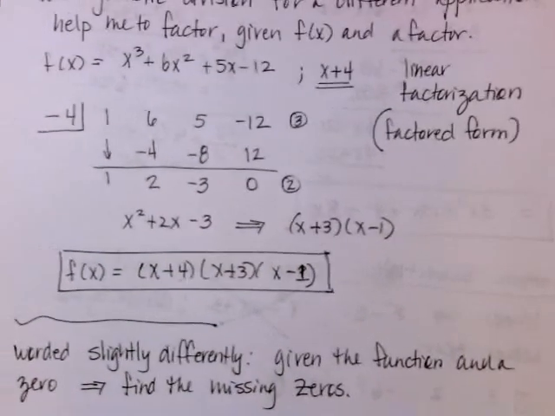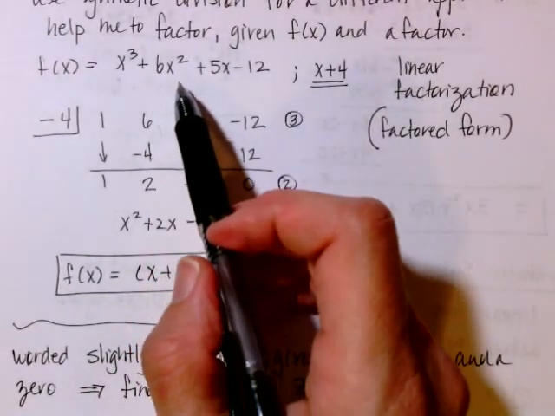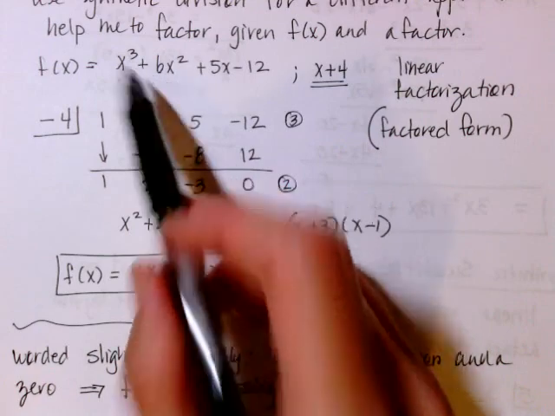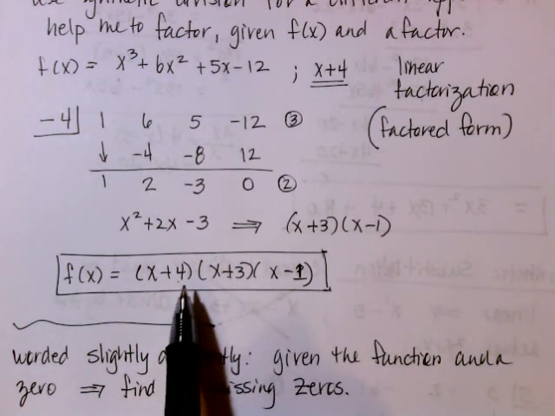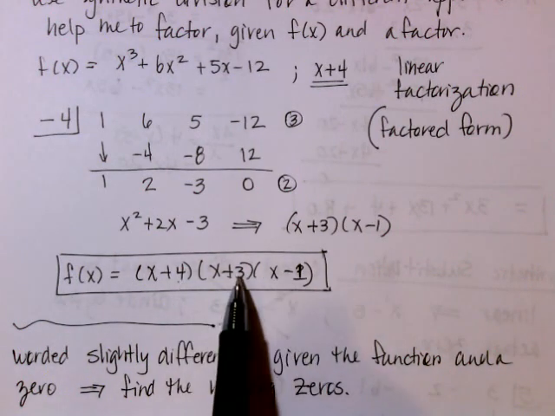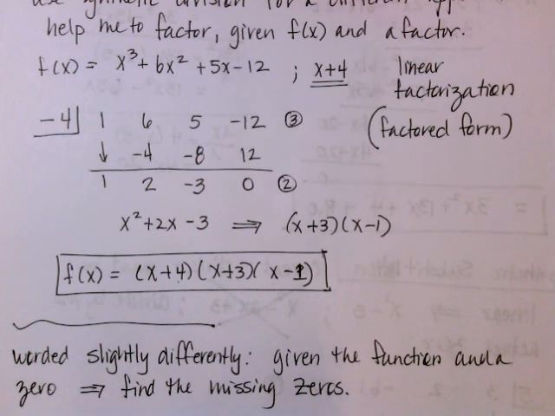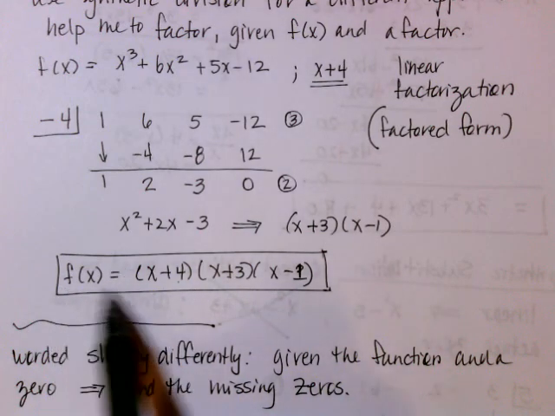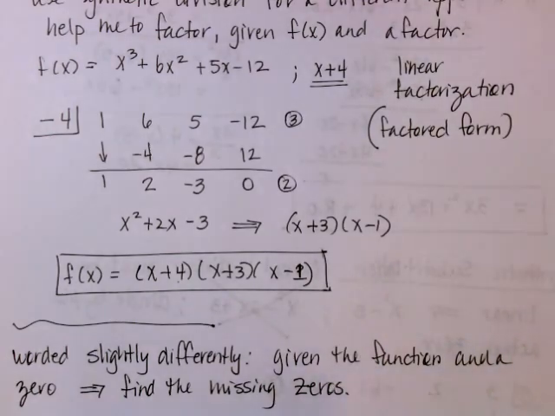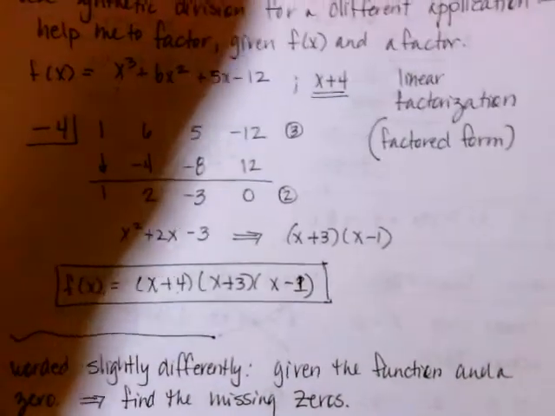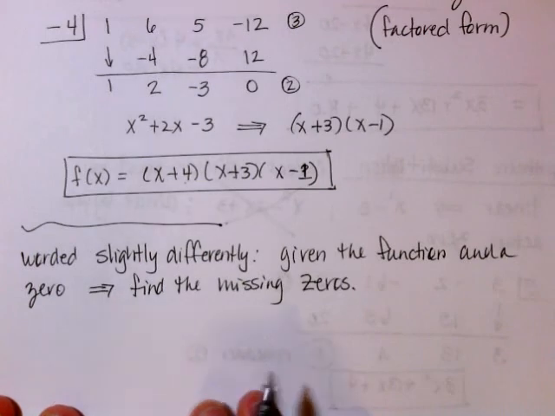If I have, let's use this previous example, a third degree polynomial, that means I have to have 3 zeros. Notice what we found in the last problem. I had a 1, a -3, and a -4. So even though we wrote the linear factorization, I could then also use that to help me find the zeros. Okay, so now let's do an example.